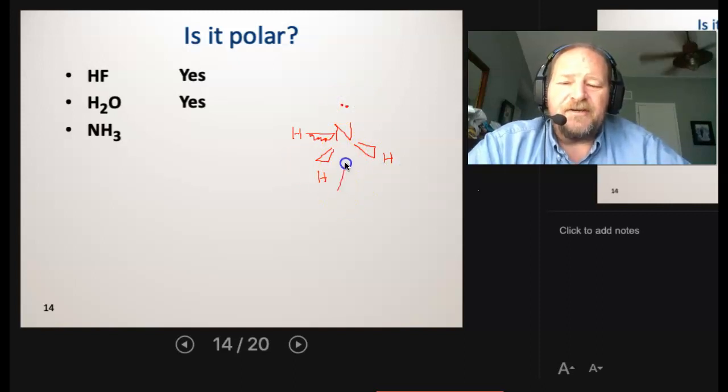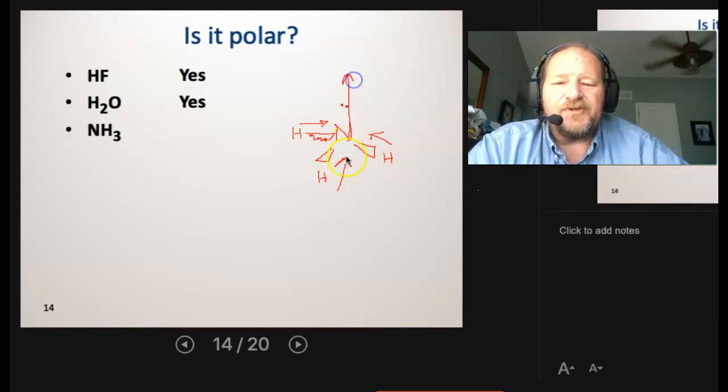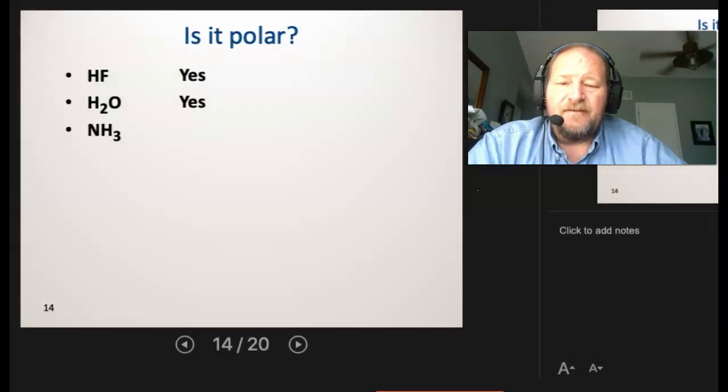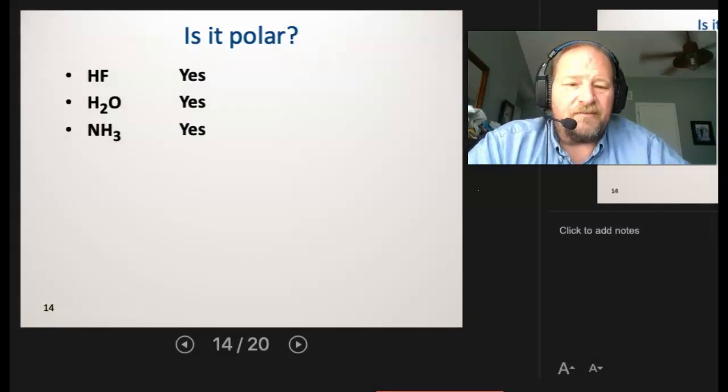All the hydrogens here would be pointing towards the nitrogen. And of course, left to right, they would all be balancing out, but up and down means they're going to be pushing it up. So that means that yes, we have a polar molecule.